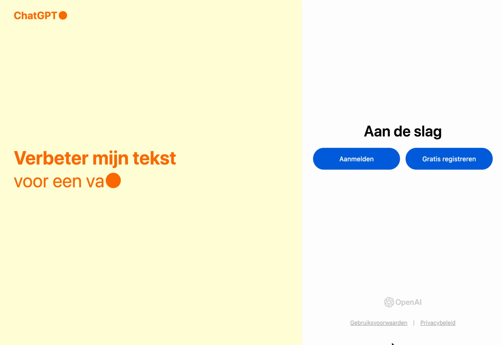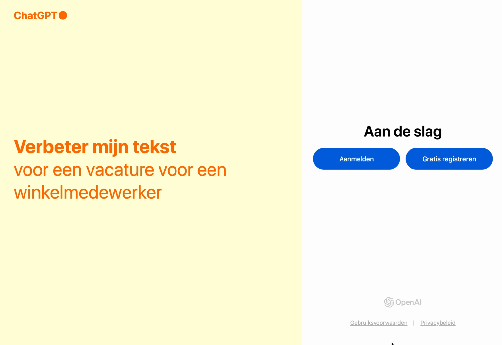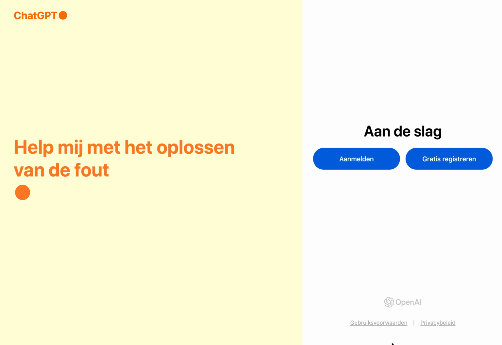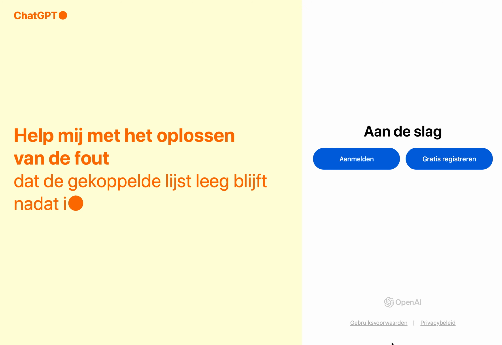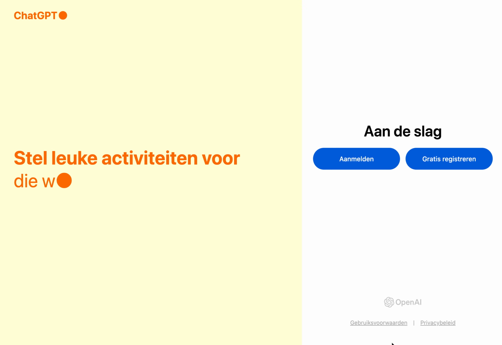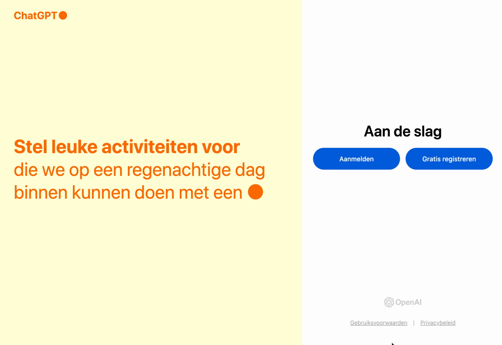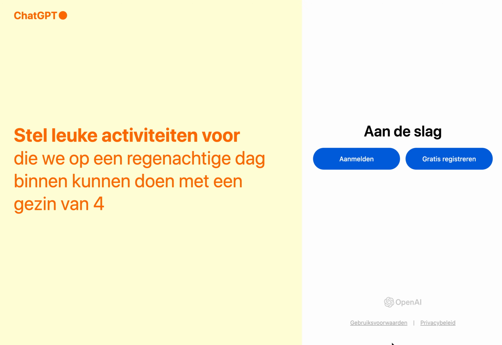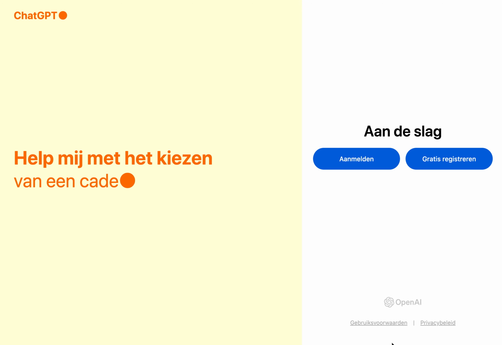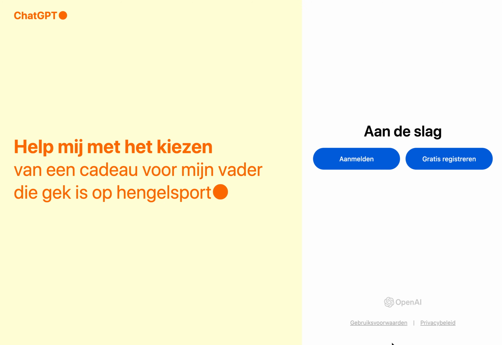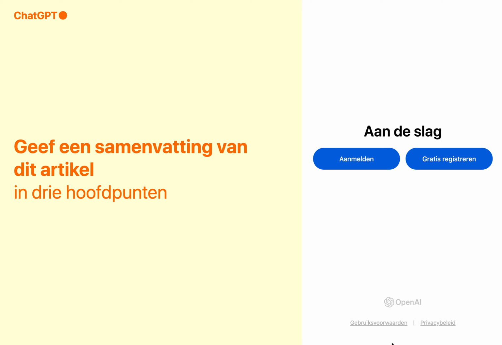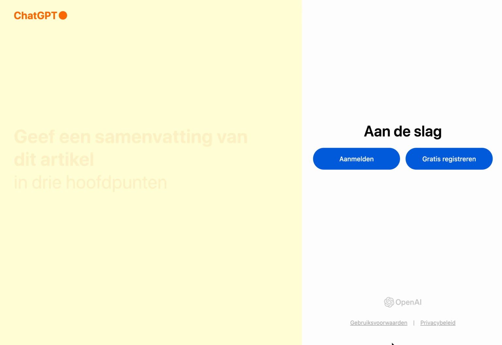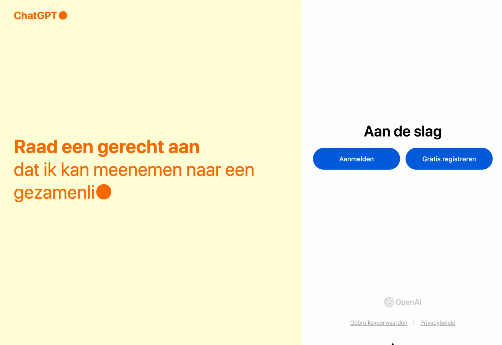Since AI is really everywhere at this moment, I want to make you a very brief tutorial about how to use ChatGPT. When we speak about AI or artificial intelligence, we often speak about ChatGPT, which is created by OpenAI, but there's also Copilot from Microsoft and Gemini from Google.